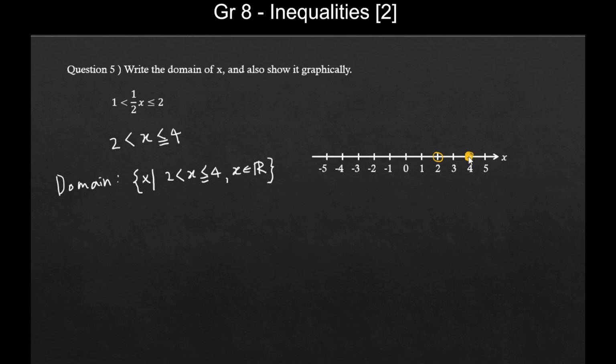And our x value is in between 2 and 4, so we should draw a line like this. We don't need the arrow because it's enclosed. So that was interesting. Our x value is in between 2 and 4. That's what it means. Of course, we have to exclude 2.